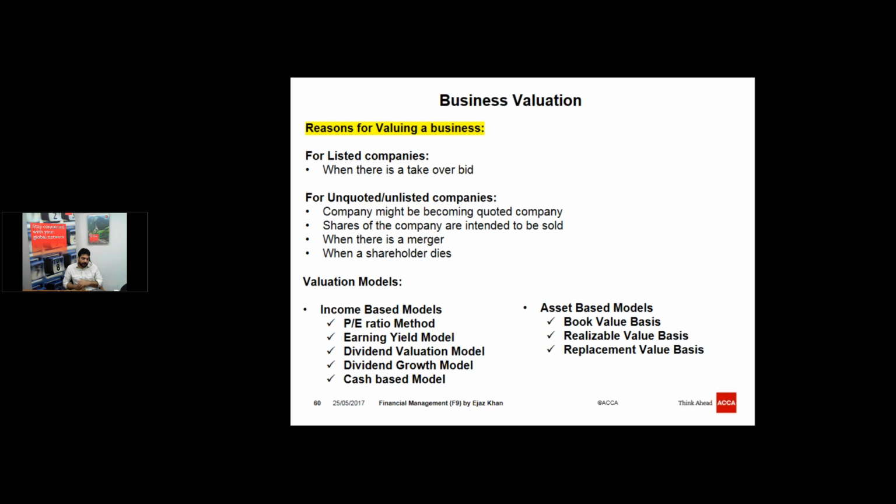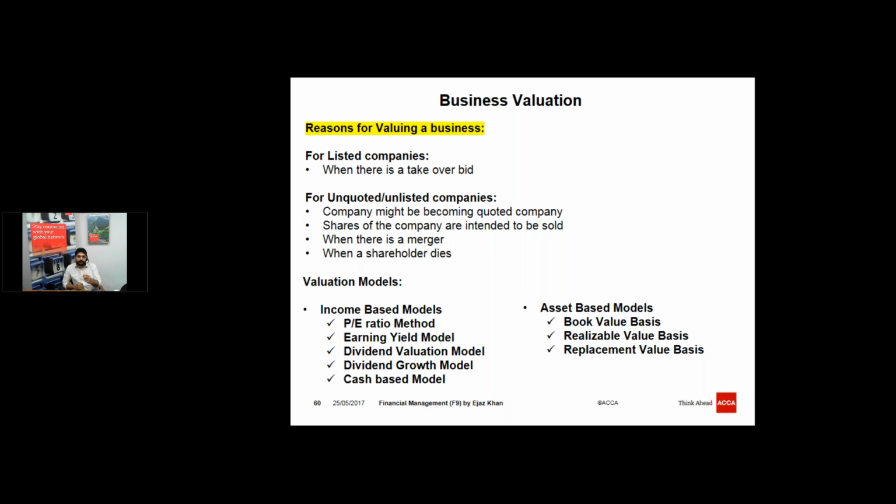For listed companies, the reason is where there is a takeover bid. Why do we need to calculate the market value of a listed company if we already have its share price? Remember one thing: if you go and buy a share of a company from the stock market, you will only buy the share.